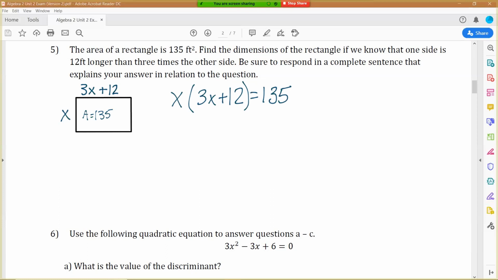Then we just want to simplify this by getting rid of our parentheses. So we're going to distribute. So 3x squared plus 12x equals 135. We want to get this into standard form so we can factor it. So we want to subtract 135.